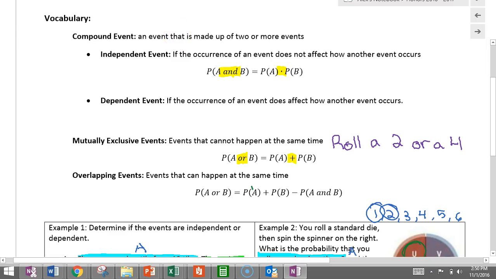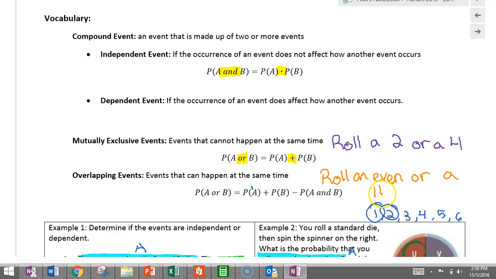And for overlapping events, for example, I can roll an even or a number greater than, let's say, 3. Okay. So if I look at all my different outcomes for rolling a die, 1, 2, 3, 4, 5, 6.